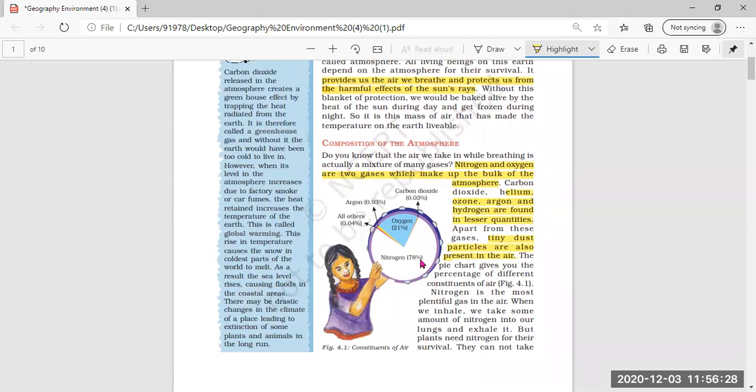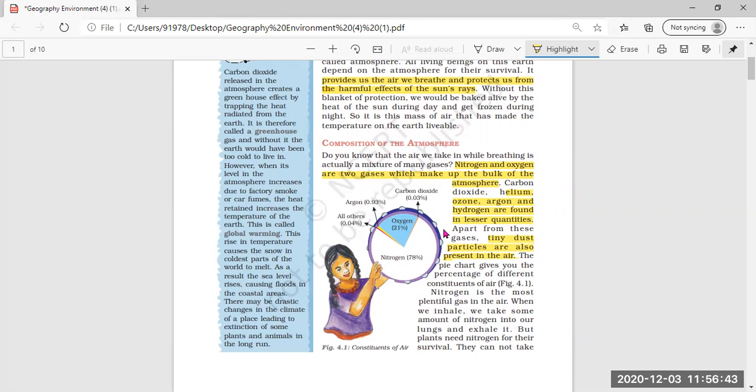According to this pie chart, this is the part of nitrogen. That means 78% of nitrogen is present in the air, whereas oxygen is 21%, in the blue color here.